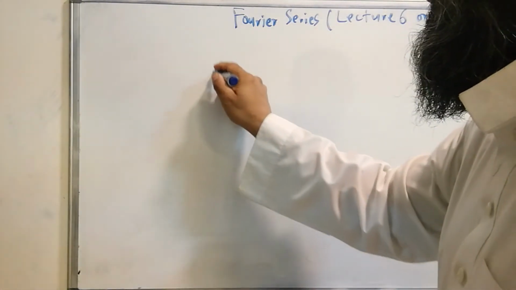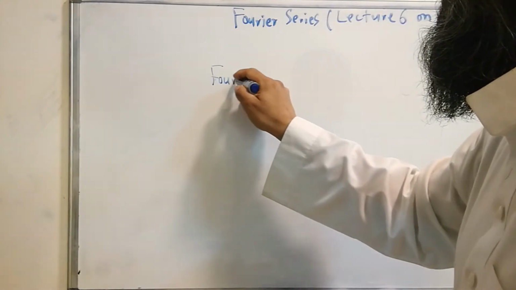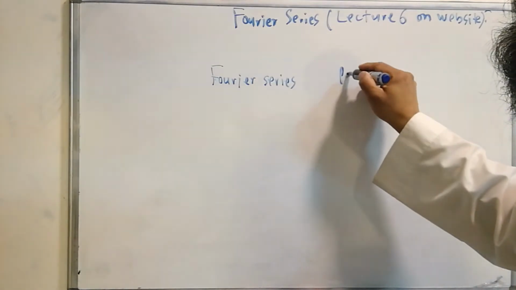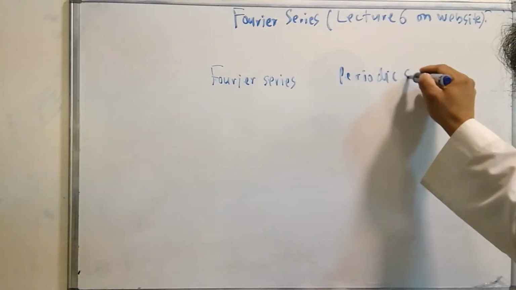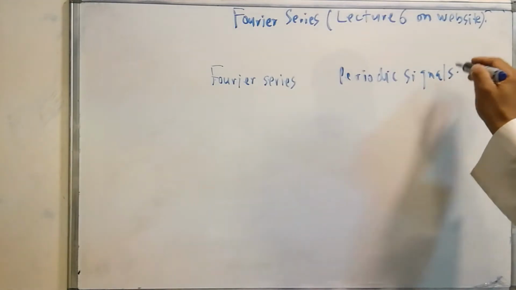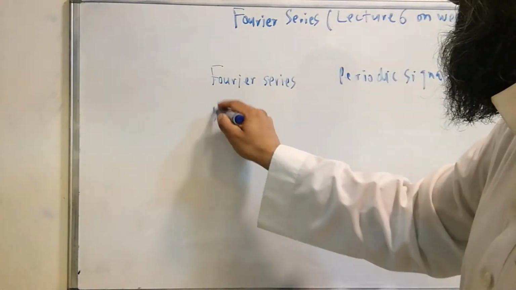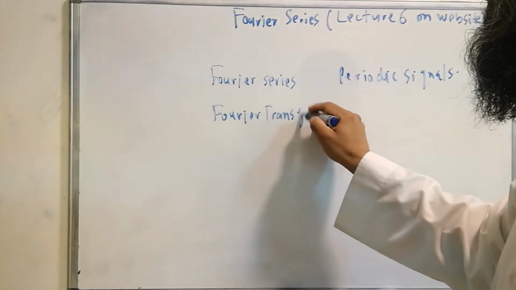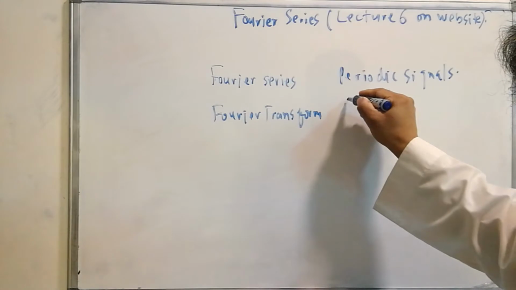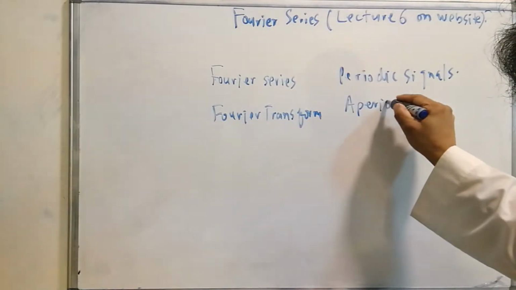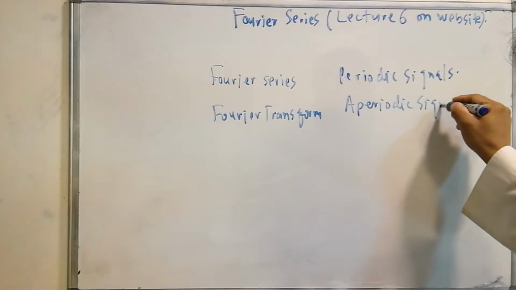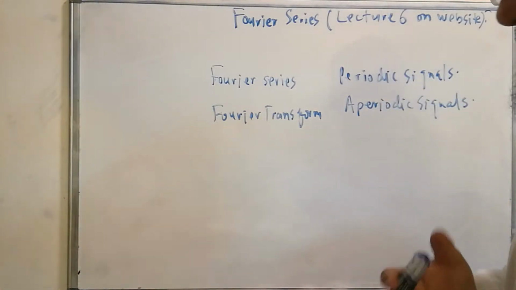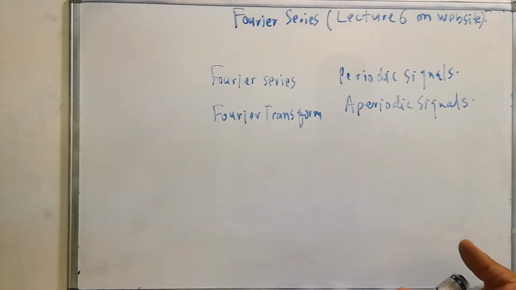But Fourier series is for the periodic signal, and Fourier transform is for non-periodic or aperiodic signals. Both of them give us the spectrum, or the frequency components.